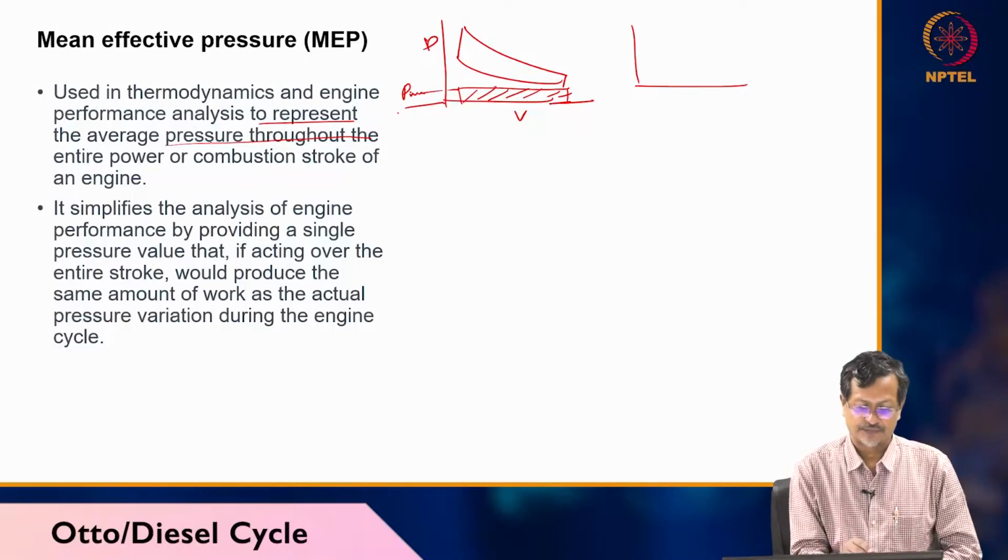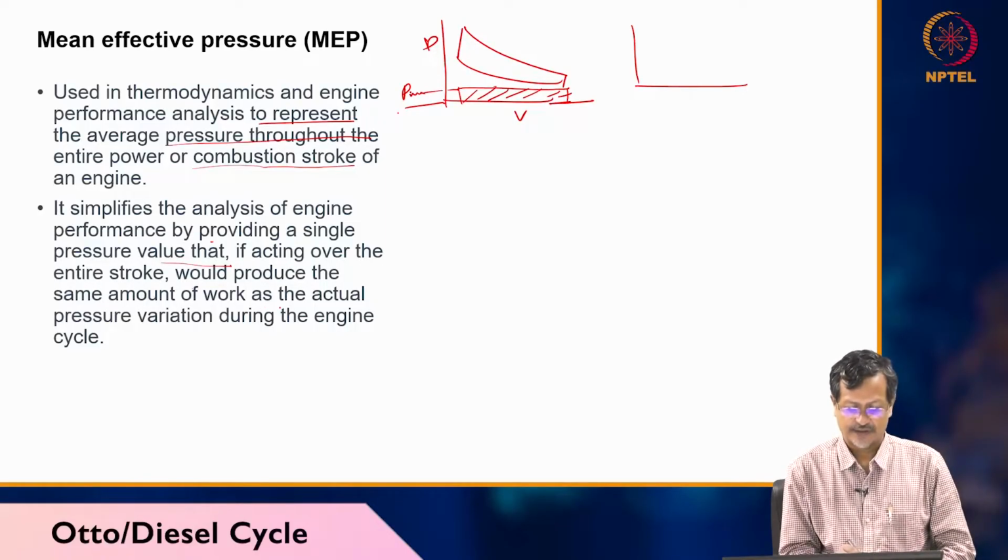So the average pressure throughout the entire power combustion stroke is the same, and it simplifies the analysis of engine performance by providing a single pressure value that, if acting over the entire stroke, would produce the same amount of work as the actual pressure variation during the engine cycle.